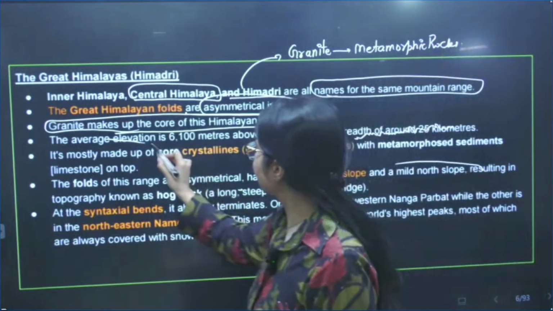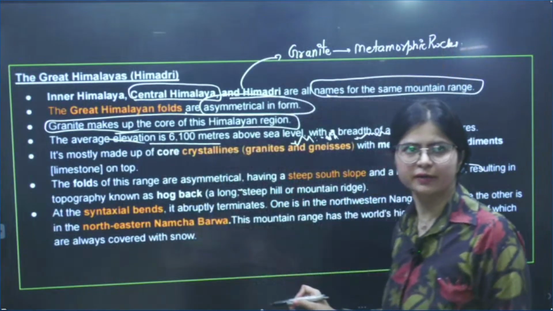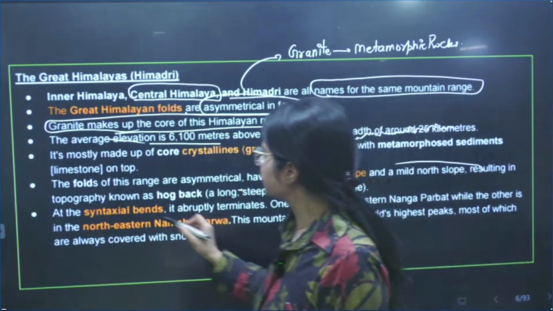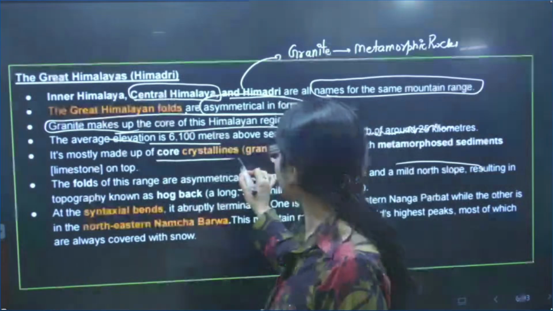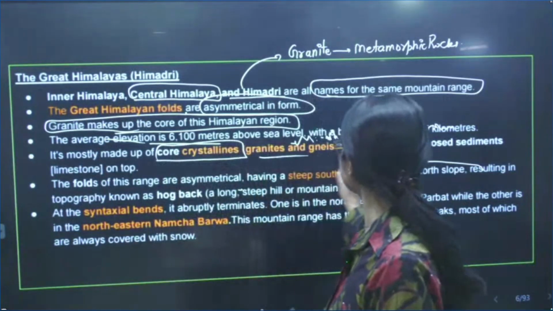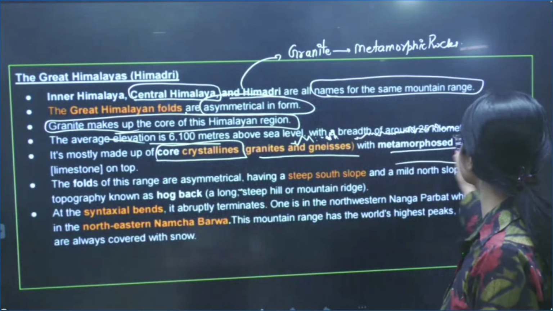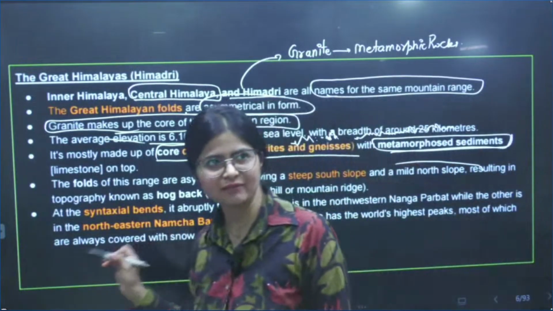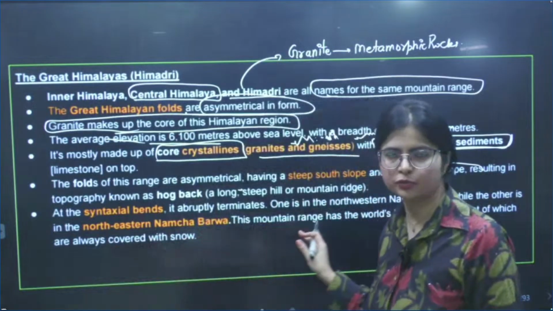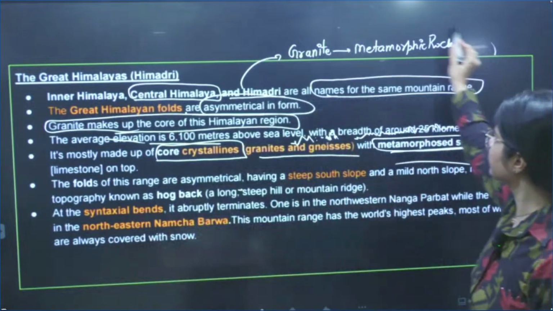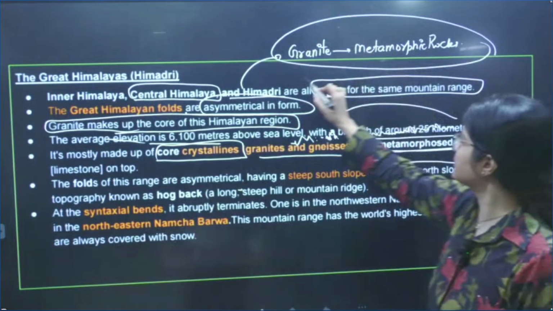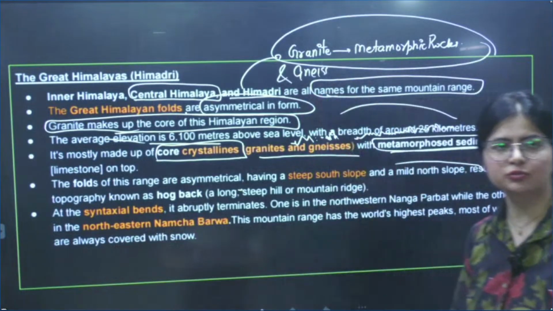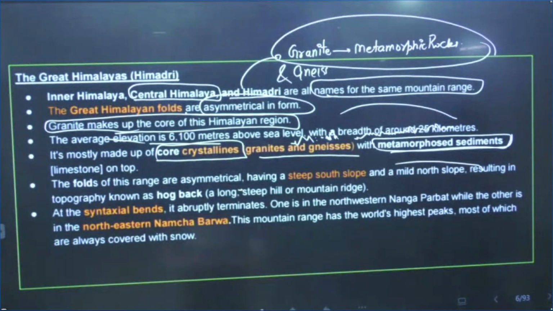Next, their average elevation is 6,100 meters, already discussed. Next point, it's majorly made up of core crystalline granites and gneiss with metamorphosed sediments on top. If this language is difficult, then forget about it. You don't have to write it. Just write a simpler language like this: granite and gneiss. You don't have to use the heavy words.